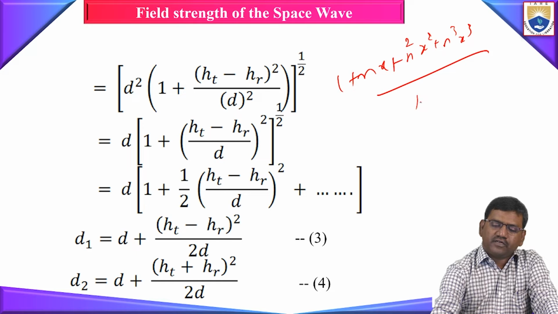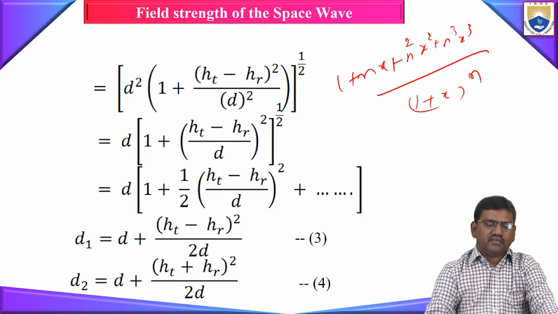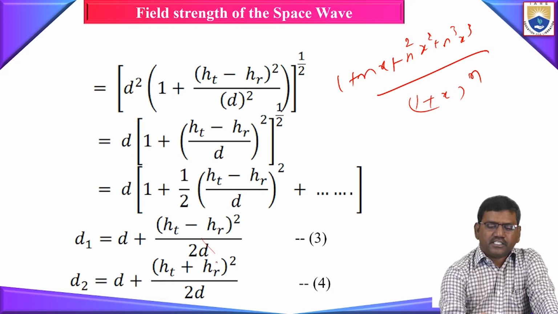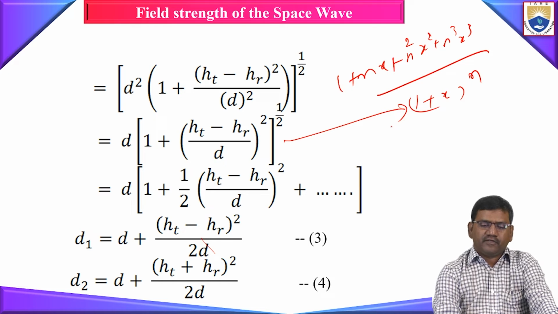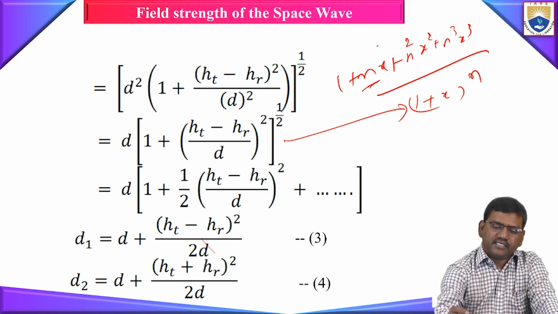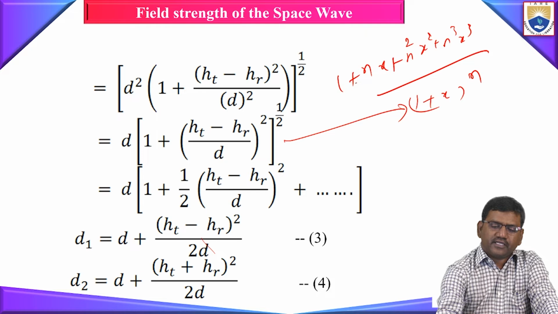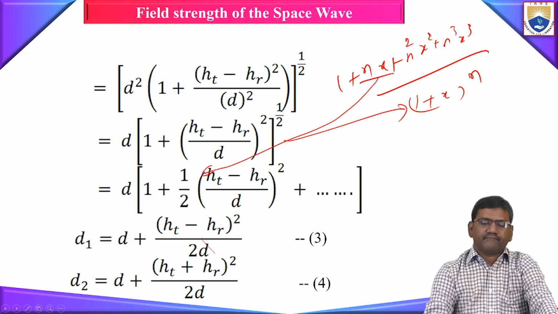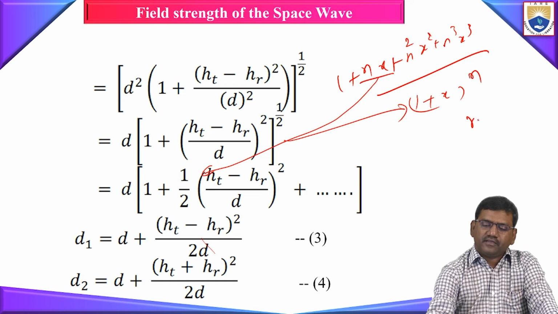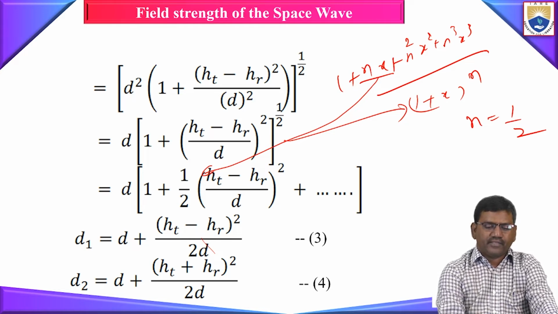Here, what does x represent? x is (HT minus HR) by d whole square. In this equation n is equal to half and x equal to (HT minus HR) by d. So 1 plus half into ((HT minus HR) by d) whole square, plus and so on.